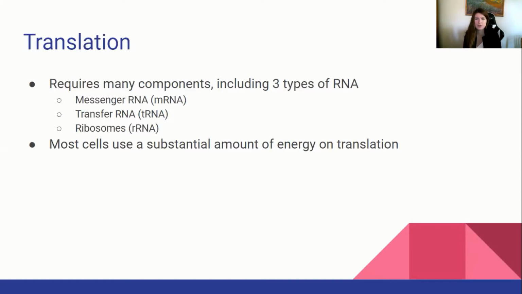It's called transfer RNA, tRNA for short. Now, our ribosomes themselves are actually made largely out of RNA. We're not going to talk about how ribosomes get made, but you should know that they are a type of RNA. So we'd call them rRNA, ribosomal RNA, if we were thinking about the types of RNA involved in this process.